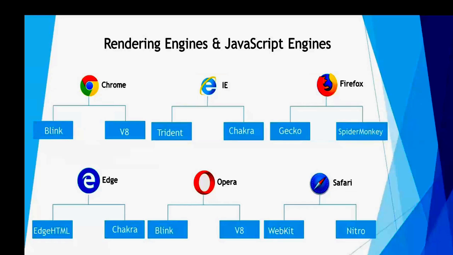Whatever you are watching on the browser is converted, translated, and presented by these engines only. Unfortunately, every browser doesn't use the same engine. That is the reason you might have learned that in HTML we have browser compatibility issues: in one browser an option works, in another it does not, because the engines are different.